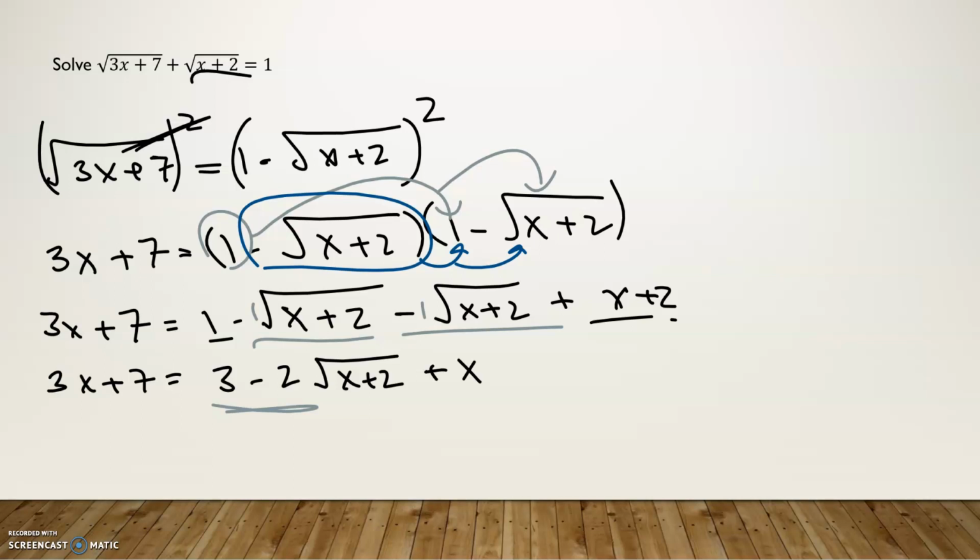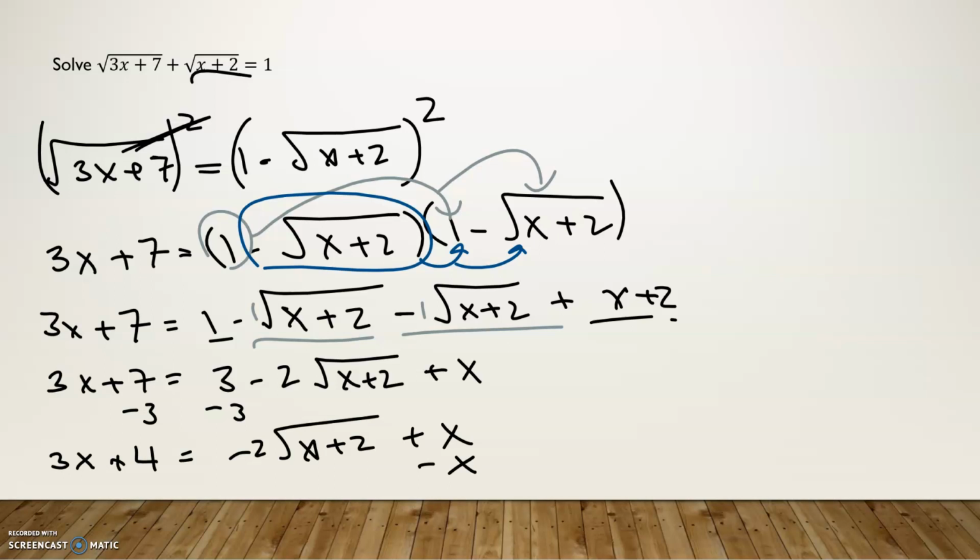So you can't do 3 minus 2 and say, oh, that's just 1, because that won't work. So I'm going to move that 3 over to the other side. So we'll have 3x plus 4 equal to negative 2 square root of x plus 2 plus x.